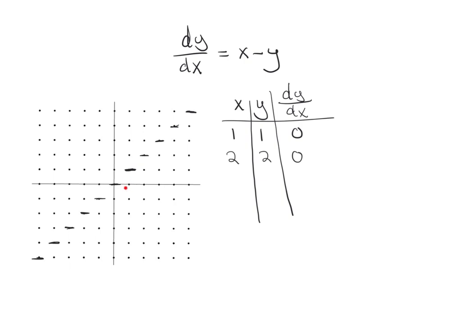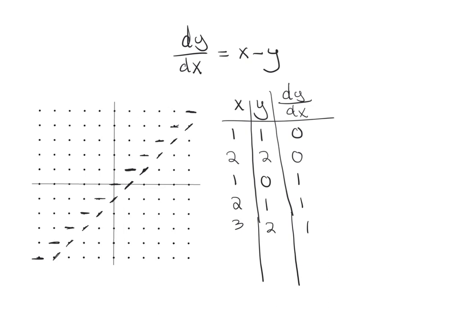Okay, let's pick this point here. So this is 1, 0. 1 minus 0 is 1. So this has slope 1. And then, okay, what about this point right here? So that's 2, 1. So 2 minus 1 is 1. Oh, and then 3 minus 2 is 1. So I'm going to have a 1 slope down this whole diagonal.